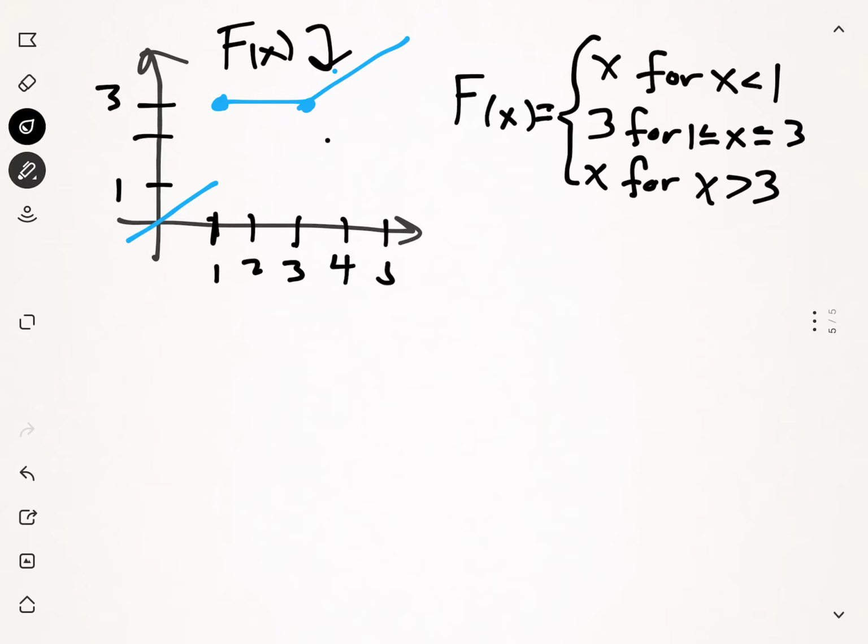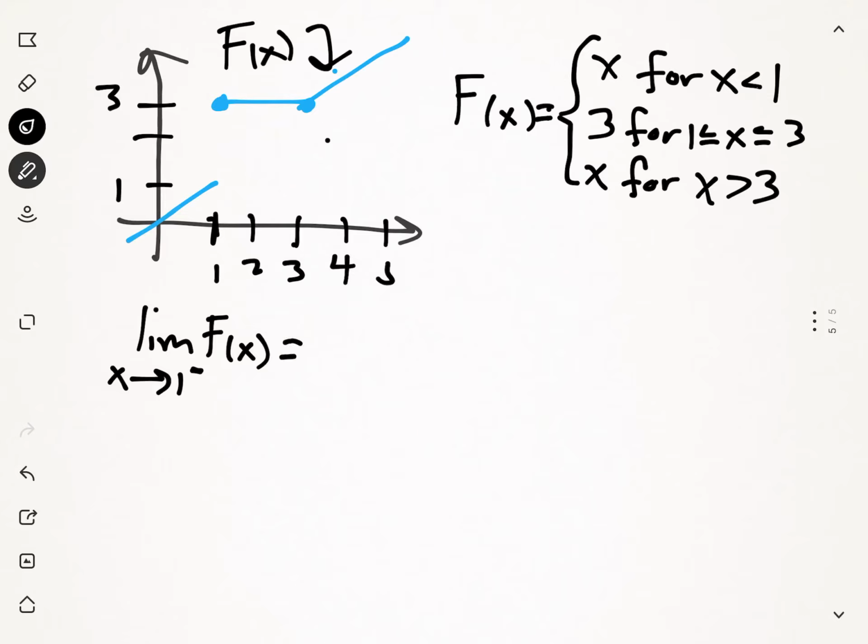Now, here are the questions. The limit as x approaches 1 from the left of f of x.